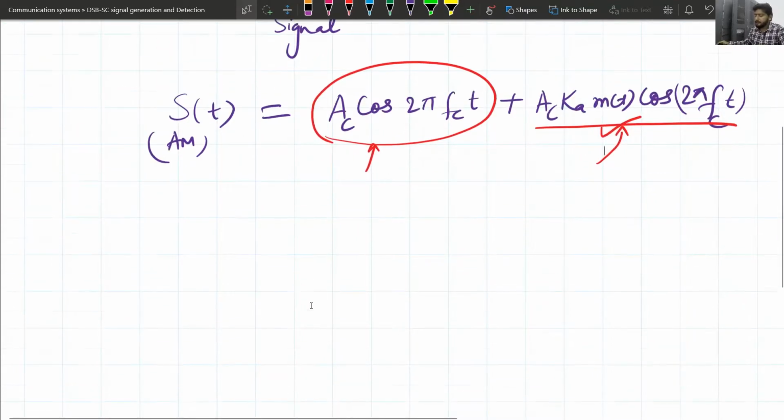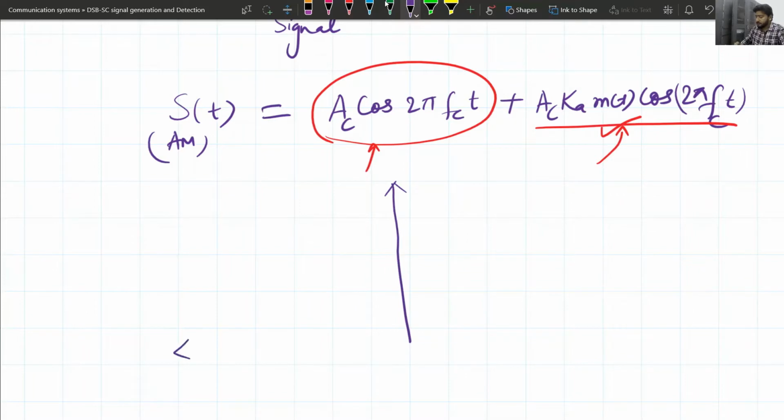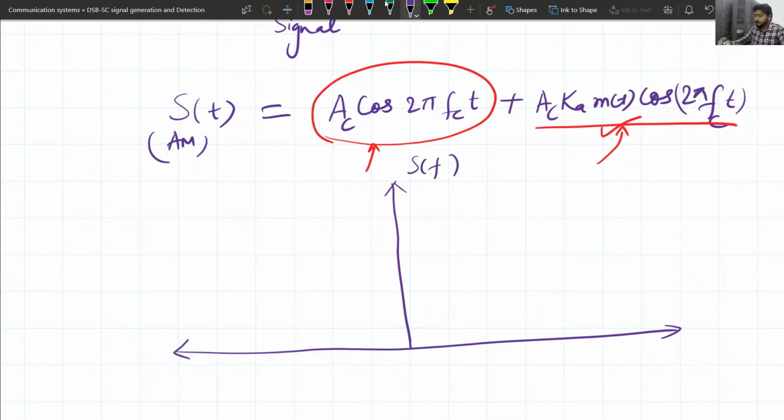Hence we can observe that, let's say if we represent the same signal in the frequency domain, this is the message component.